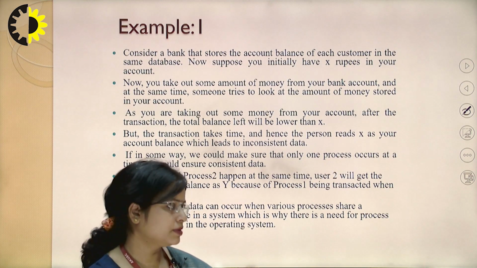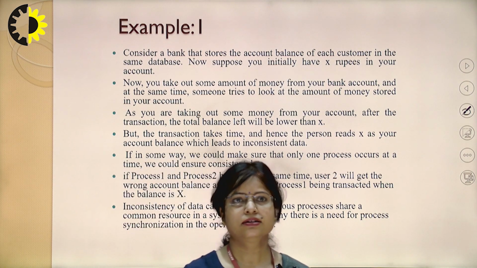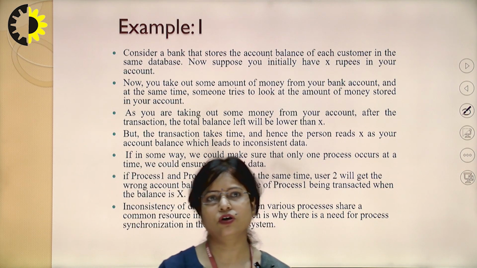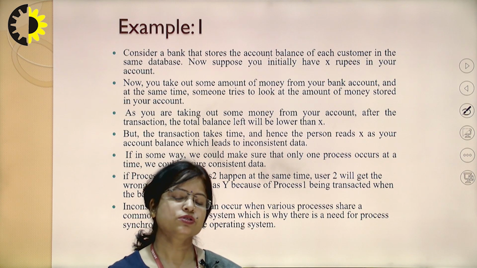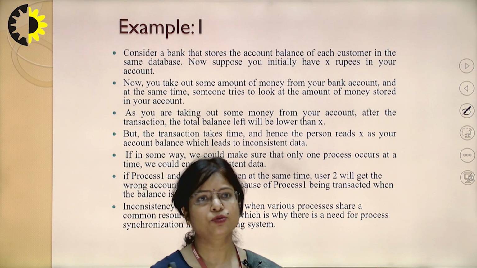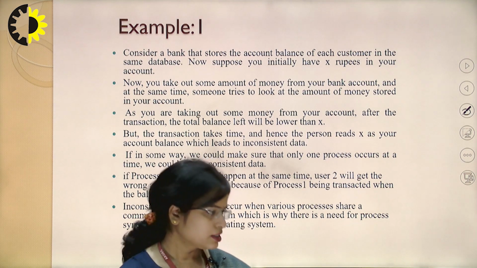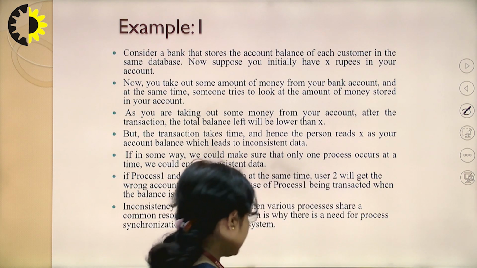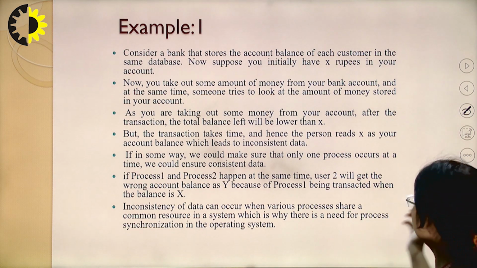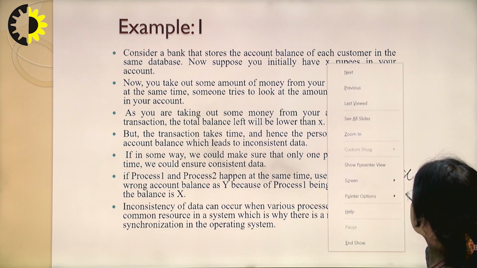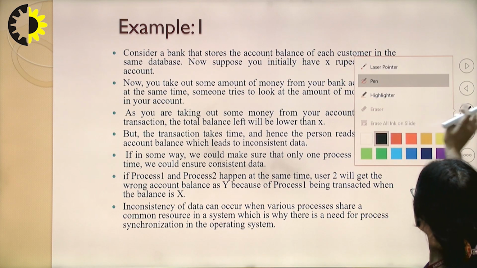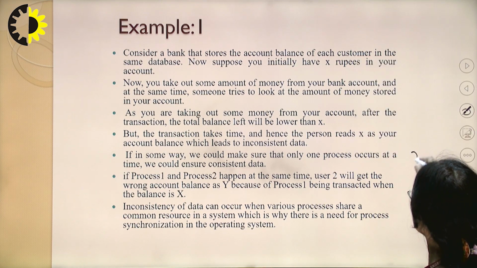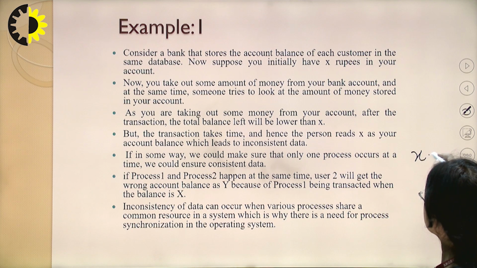So, for example, consider a bank that stores the account balance of each customer in the same database. Now, suppose you initially have X rupees in your account. Suppose the X rupees are 50 rupees.